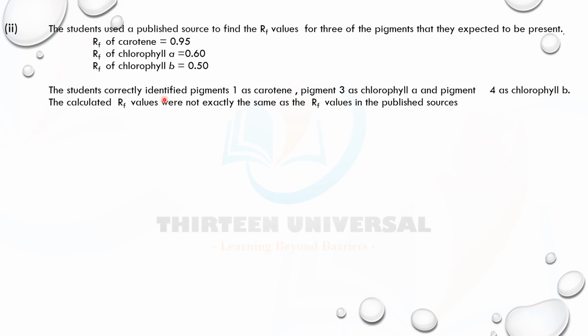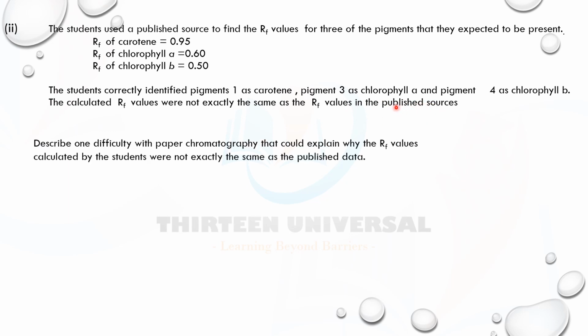The student correctly identified pigment 1 as carotene, pigment 3 as chlorophyll A, and chlorophyll B by comparing the values from the table. The calculated Rf values were not exactly the same as the values in the published source, so there were some kind of errors. There's always experimental errors.